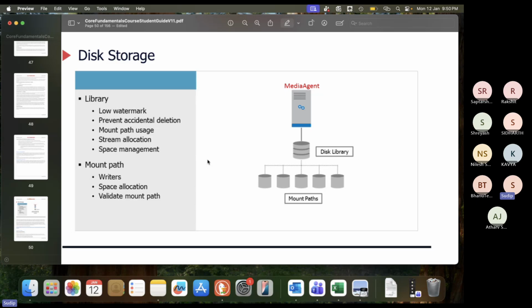For example, if the data that I need to store is 100 TB, how can I make sure that this 100 TB worth of data occupies only, let us say, 10 TB on the disk storage? That's where deduplication and compression, these data-level algorithms, come into play. There are different controls for that also, so we will discuss them in more detail in subsequent classes.